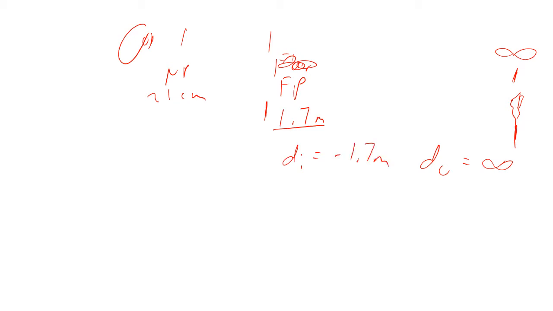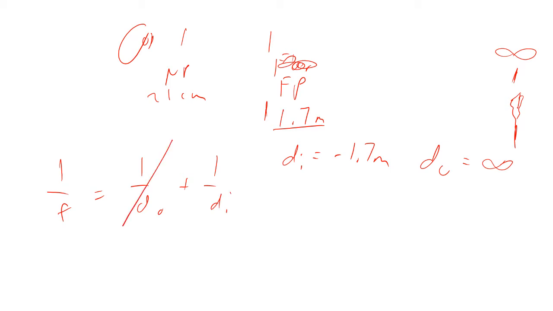In that case, 1 over F equals 1 over DO plus 1 over DI.